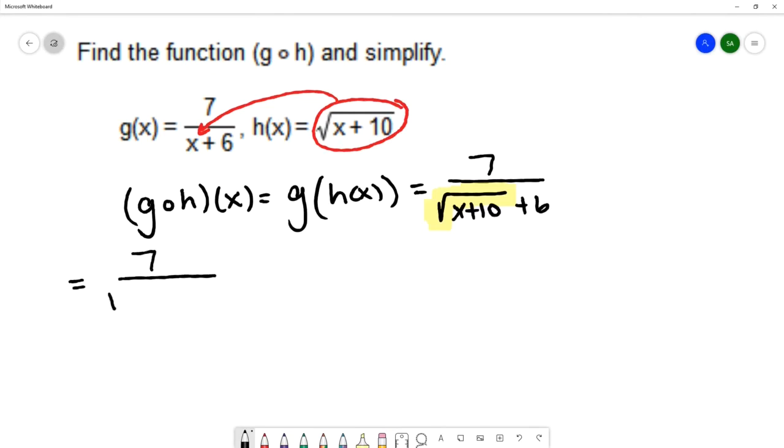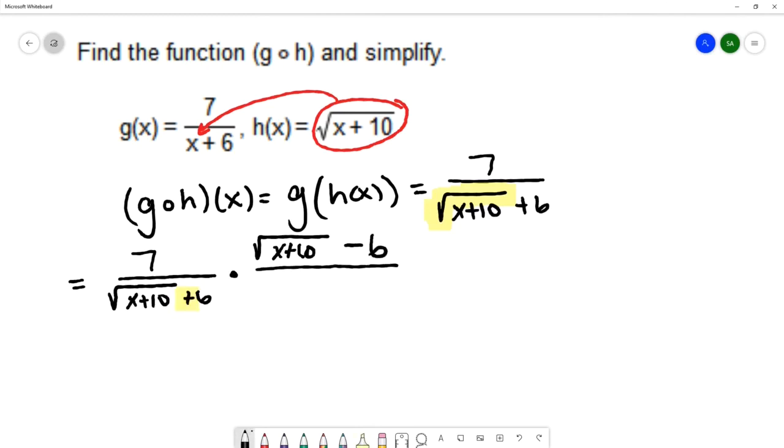So if you wanted to do that simplification, you would start off with your answer of 7 over square root of x plus 10 plus 6, and you would multiply by what's called the conjugate of your denominator. And the conjugate is just changing this one symbol here, this plus to a minus.